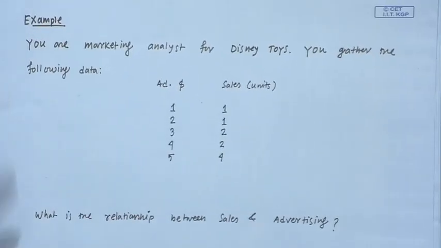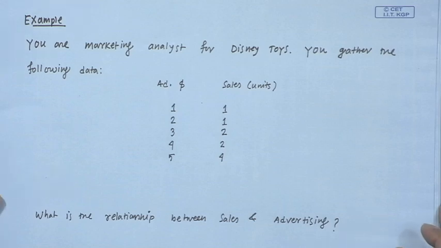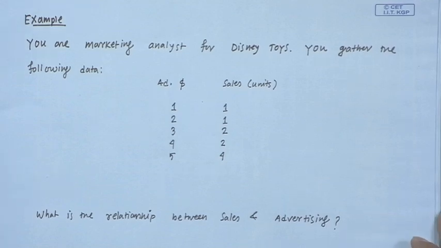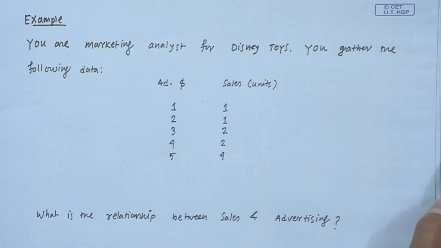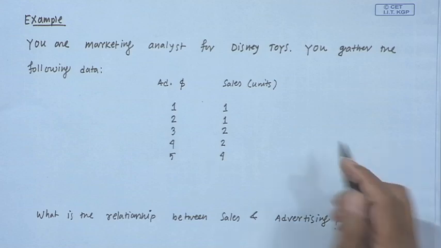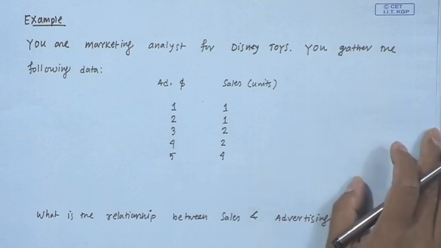Okay. So, here is the example. I told that I will give an example to explain what I mean by independent and dependent variable. I said that regression analysis is a statistical tool for investigating the relationship between a dependent variable and one or more independent variables. So, consider this example.